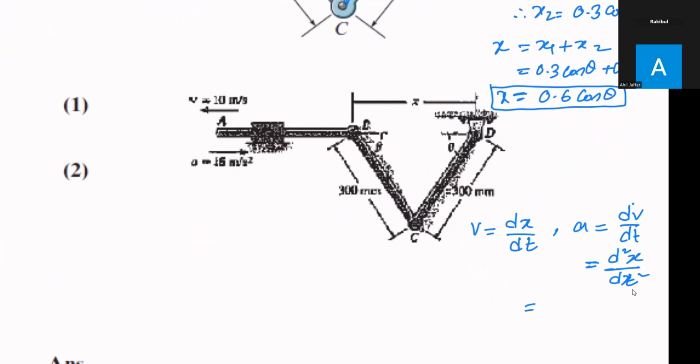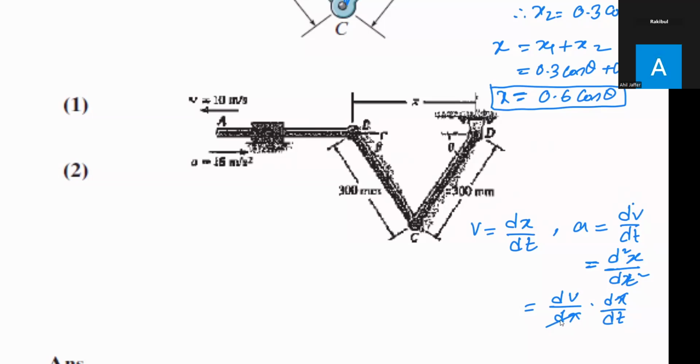How do you do that? Like dv over dx times dx over dt. You understand my point? If you just take it out, then it becomes dv over dt. Isn't it the same thing? Acceleration equals dv over dt, so we just multiply it with dx and divide it by dx.